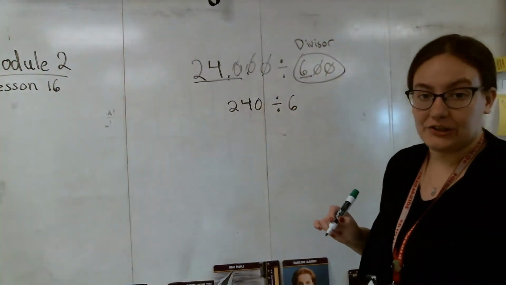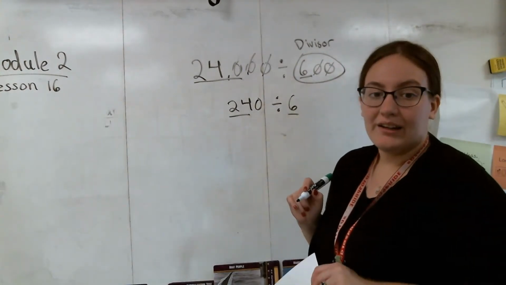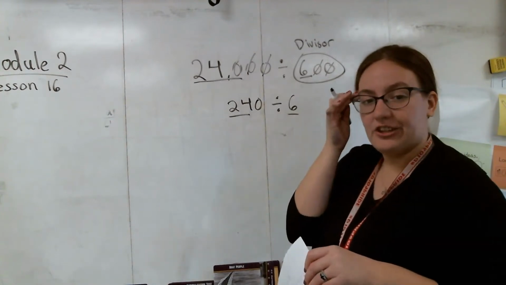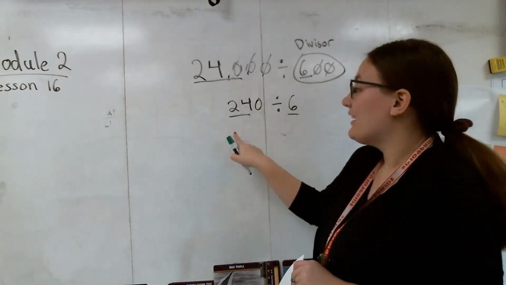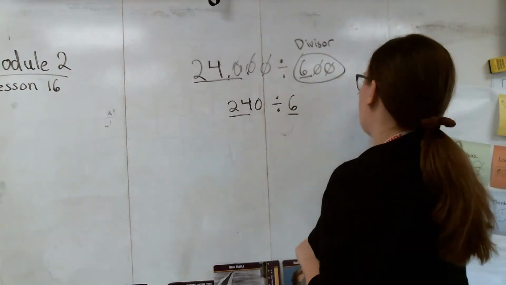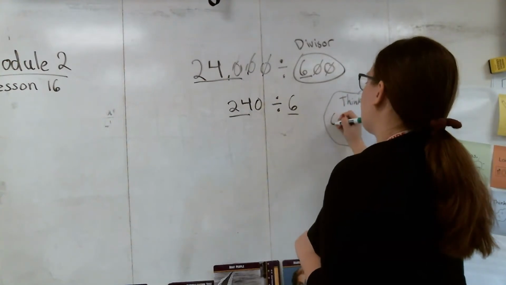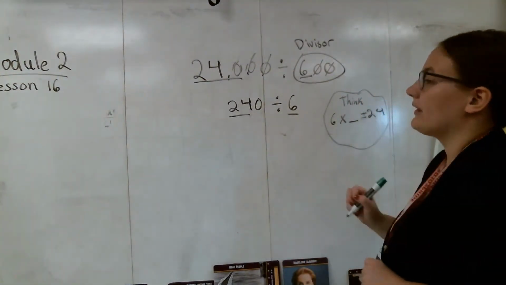And now what I can do is I can just think about what is 24 divided by 6. Well, if I don't know my division facts, I could also think of this as 6 times what is 24. So if I need to, I can think in my head, 6 times what equals 24.